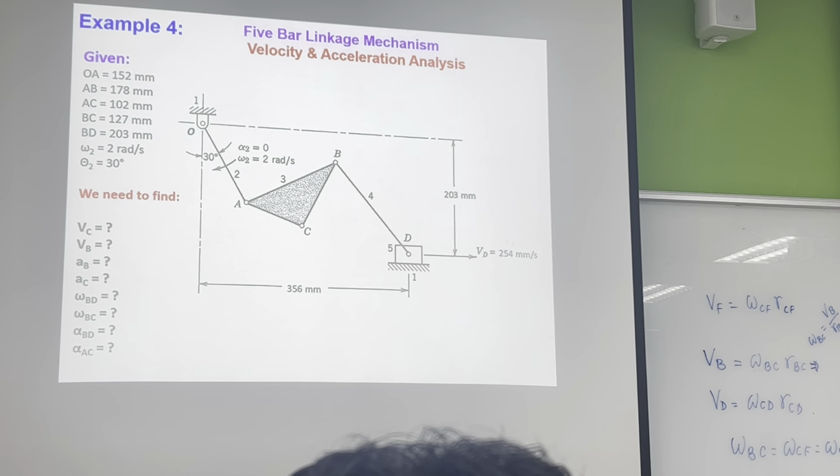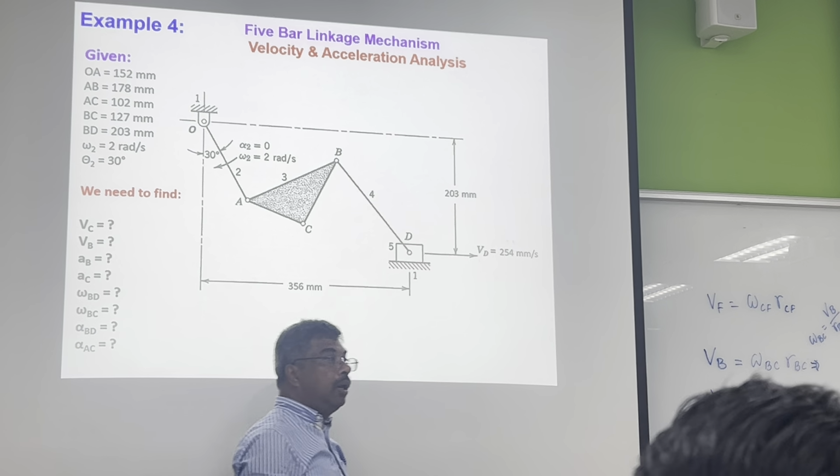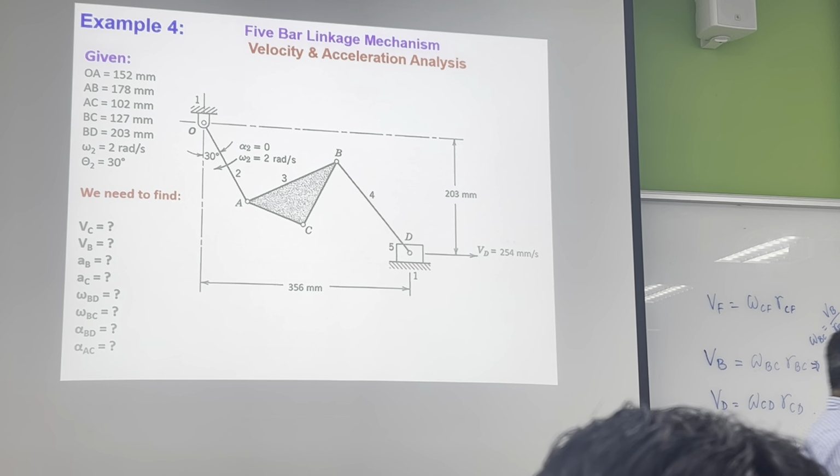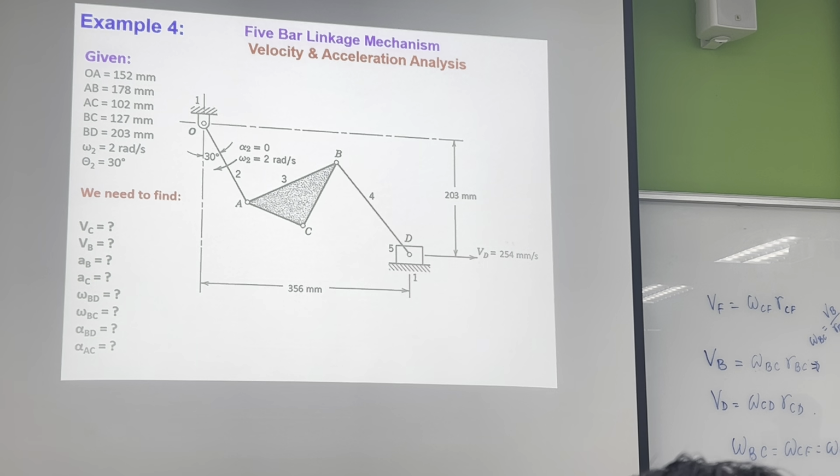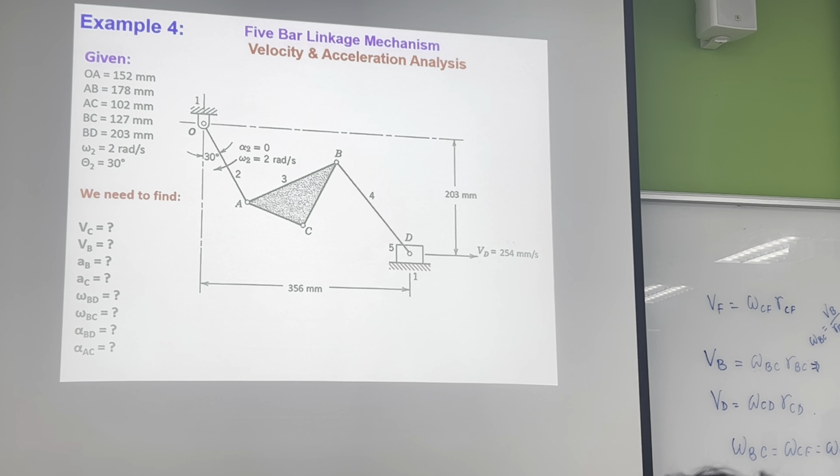All right, now here, young people, this problem, look at here, how many moving links do we have? We have our OA, we have our ABCA, which is one link, and we have our BD, and we have our piston.